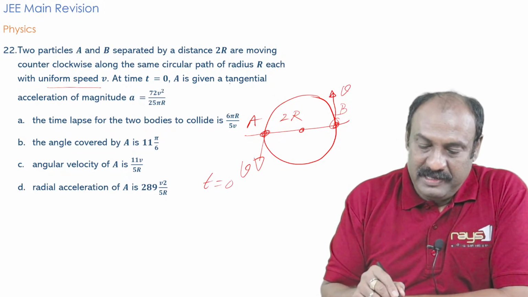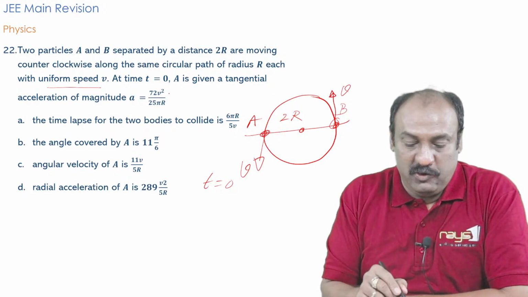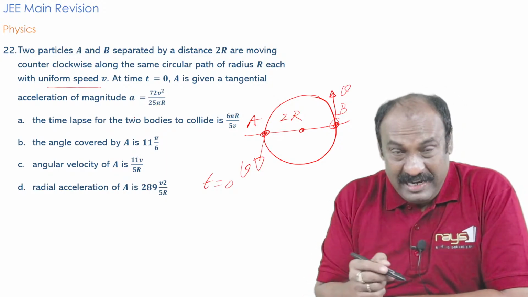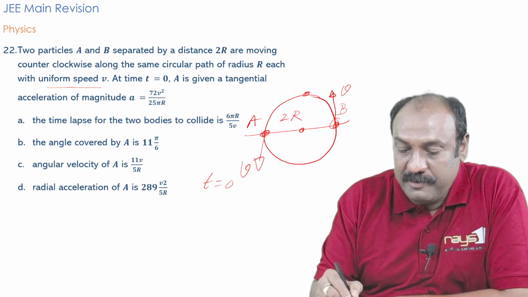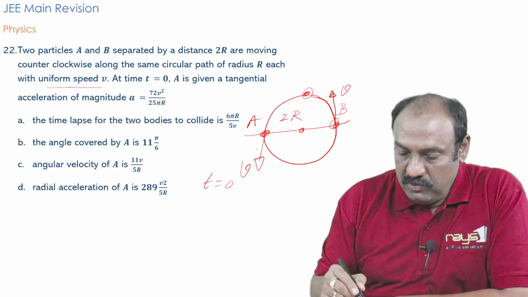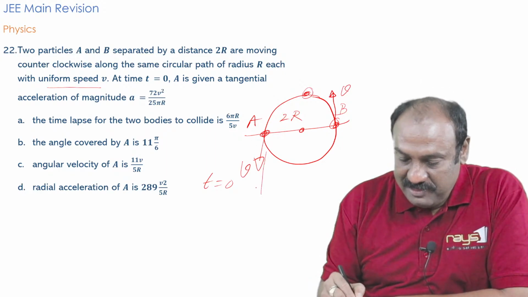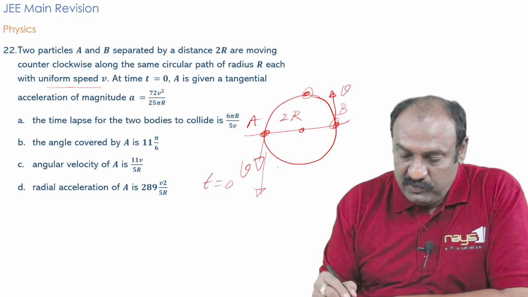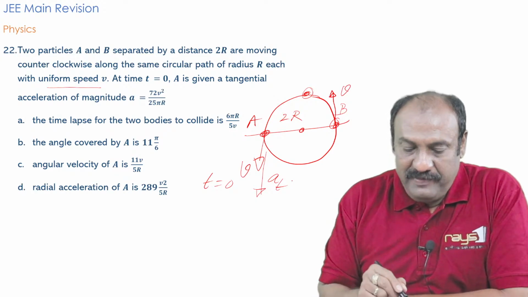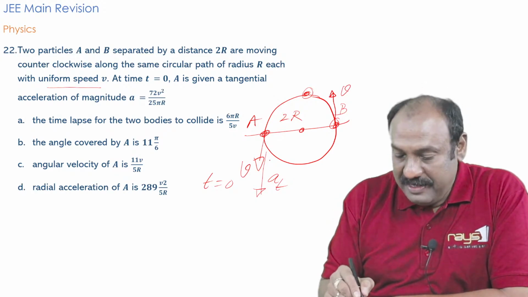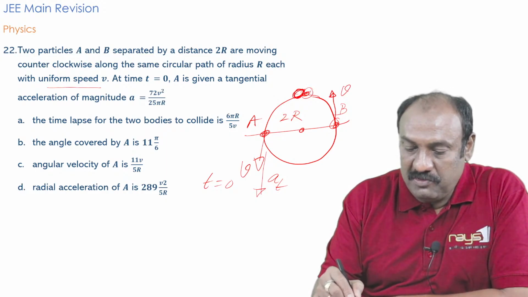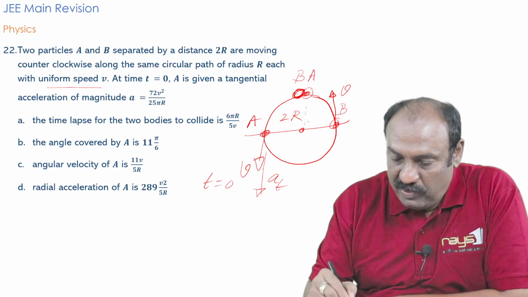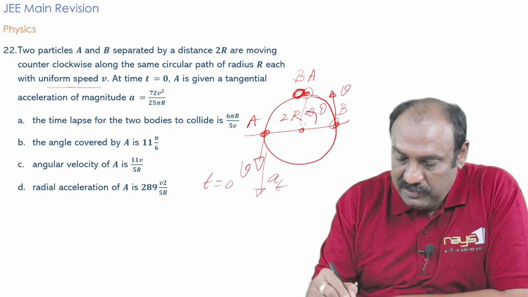But here A is given a tangential acceleration 72 v square by 25 pi r, then it has to move faster when compared to B. Finally, A is supposed to collide with B at this point. So after giving tangential acceleration to A, it moves along this path and finally collides with B at this point. So this is the position of collision of A and B. This angle theta we have to calculate.